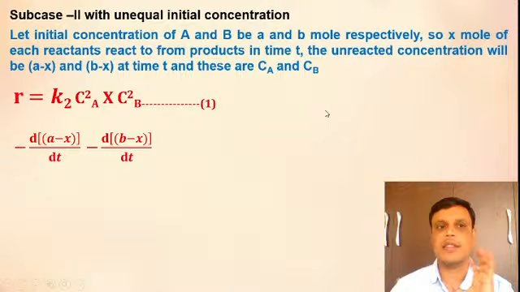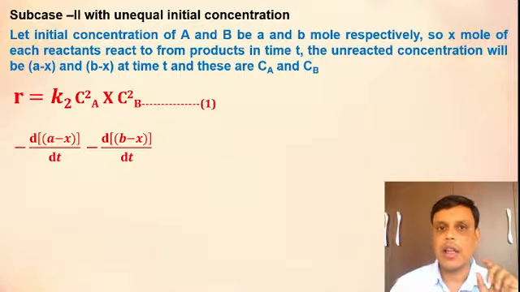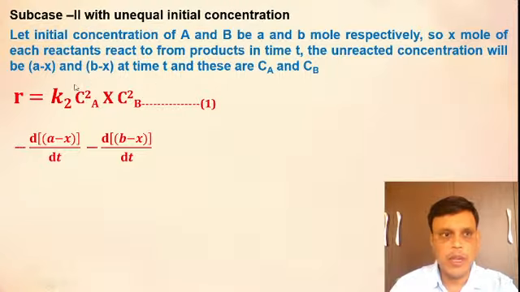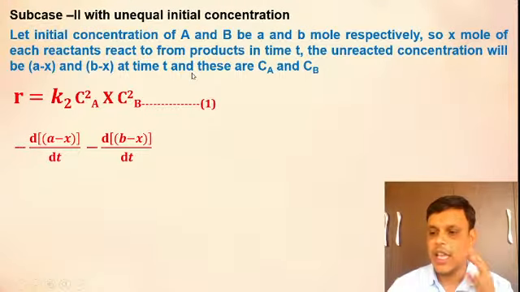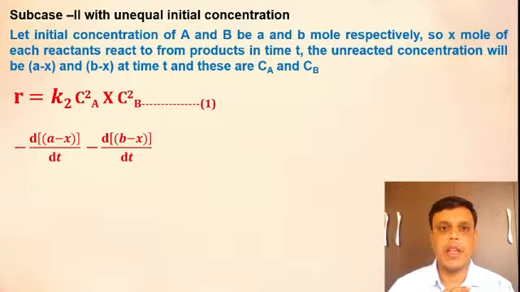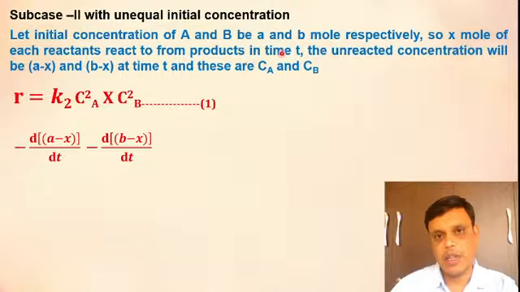So the unreacted concentrations will be a minus x for reactant A and b minus x for reactant B, and these are nothing but Ca and Cb.